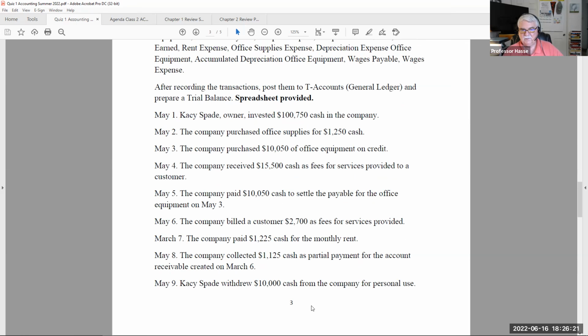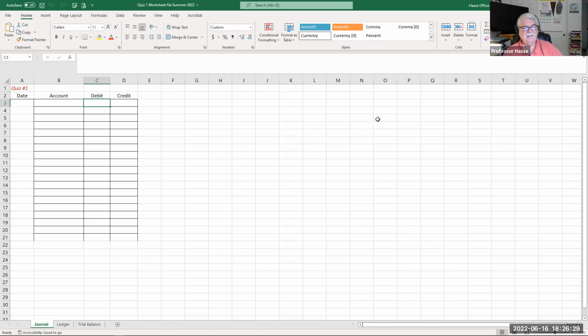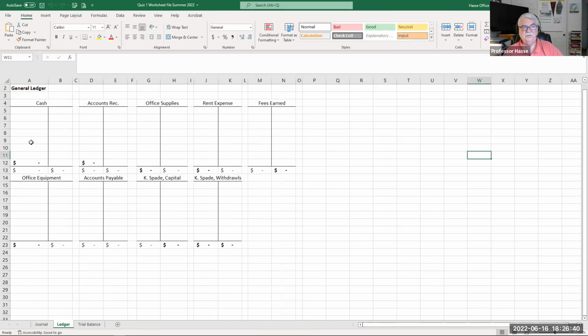Now, let's take a look at that spreadsheet that I have provided you. Here it is right here. Thank you, Mr. Hesse. God love you for setting this up for me. It's 3 tabs: the journal entry tab, the ledger tab that I've all set up for you. All you have to do is put the transactions on the debit side or the credit side of each one of the columns.